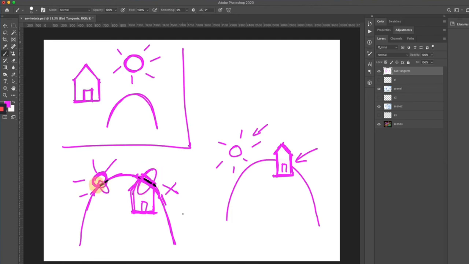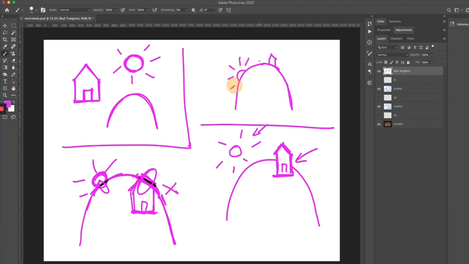So very, very simple, and I wouldn't expect people to do that all the time, but we see this quite a lot. Another way of doing it would be, there's the hill, there's the house, it's actually sitting on the hill, or it's behind the hill, and you could do the sun like that.